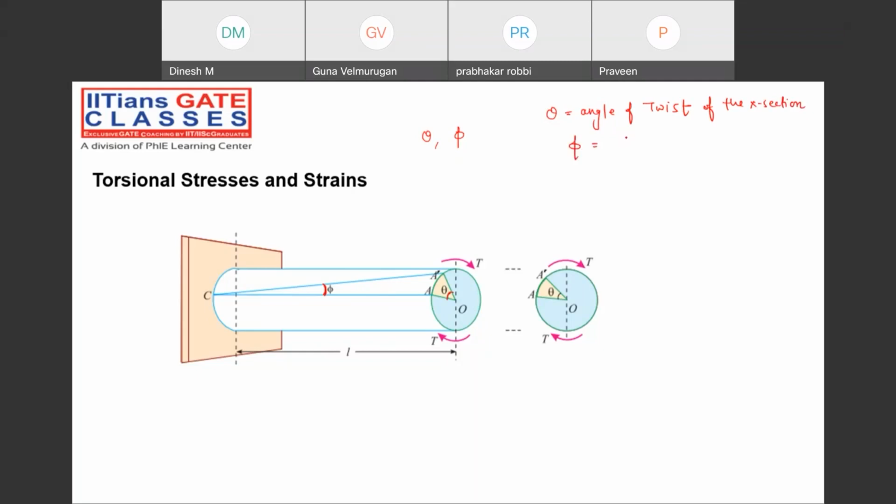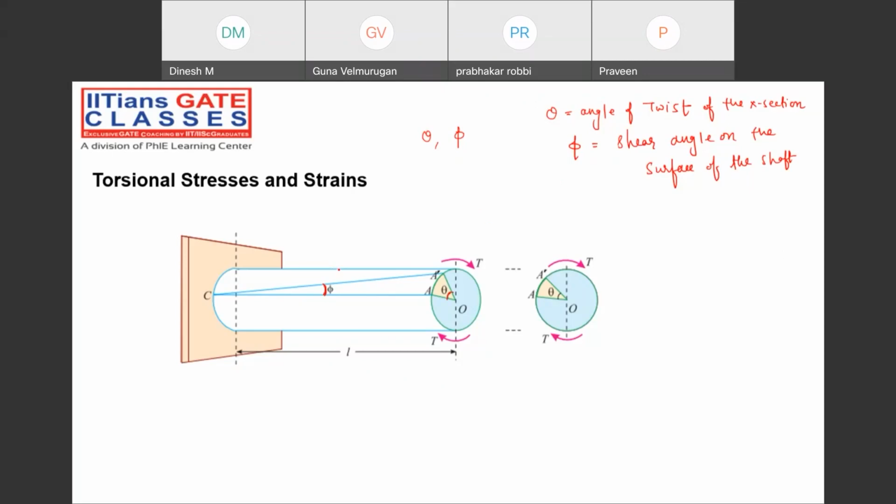Phi is the shear angle on the surface of the shaft. Now, the shear angle on the surface of the shaft. So first of all, note this figure. This figure is very, very important.